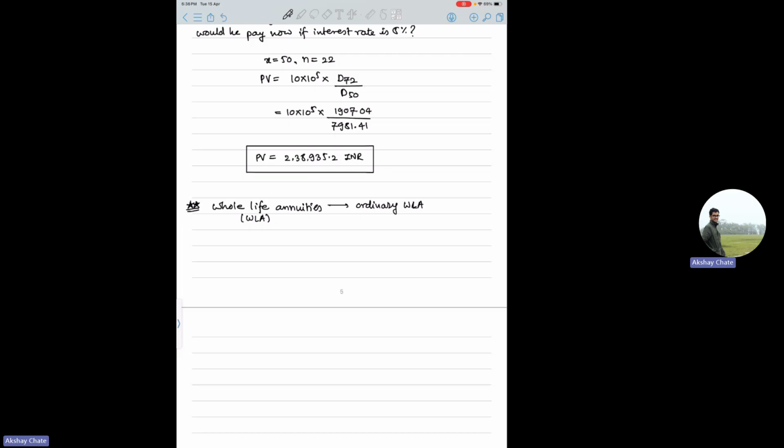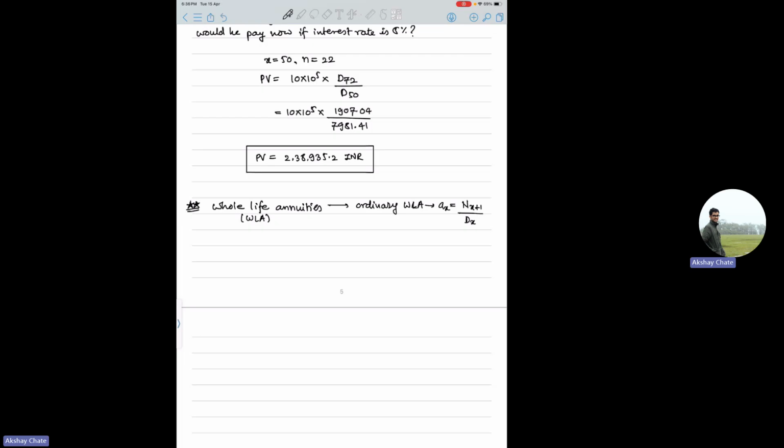Okay. So and then you need to pay some premium. Okay. So the derivations are done in the class, so I will not do it again. So this annuity amount that you receive is given by the formula of Nx plus 1 by Dx.